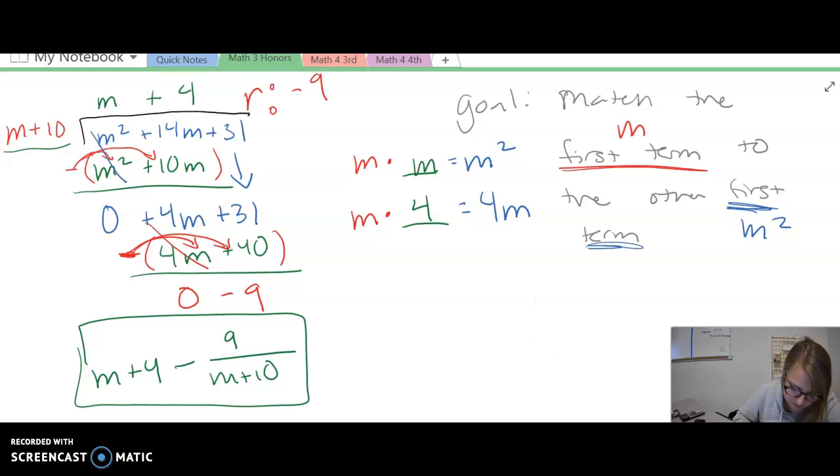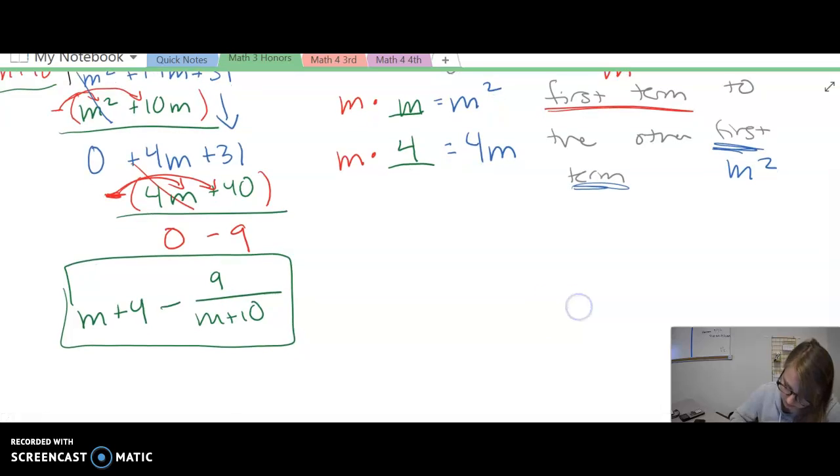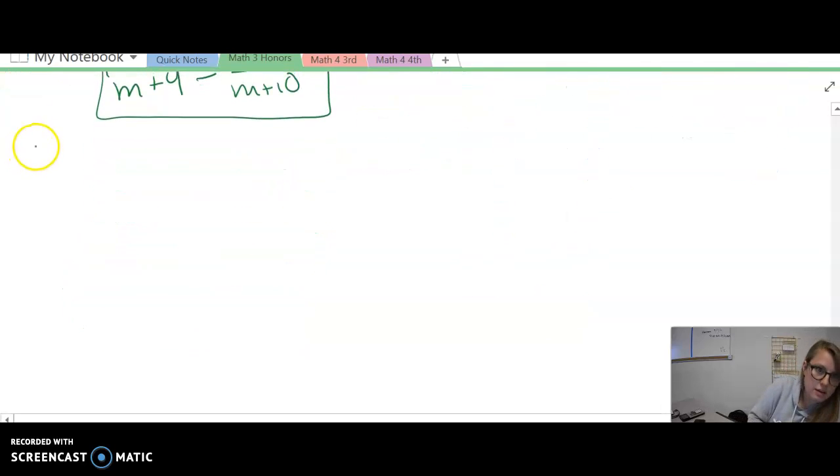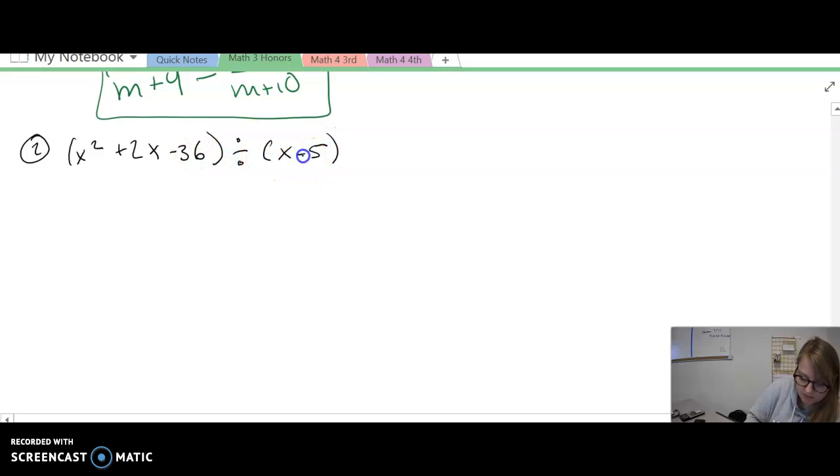So let's do another one. If my page will move. There you go. So say we have number 2. We have x squared plus 2x minus 36 divided by x minus 5.